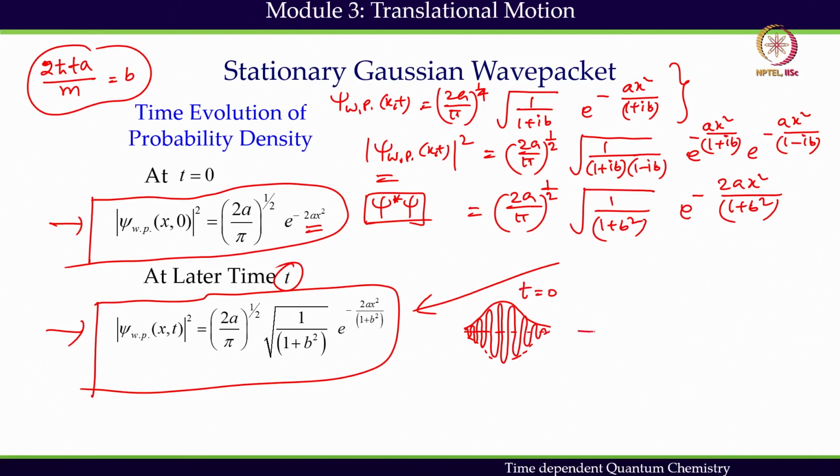We see that even after many times when the particle has propagated, it is still remaining to be Gaussian. There are some changes going on, we have to find out what kind of changes, but still this form e to the power minus something multiplied by x square is still maintained. So, it is still a Gaussian function.